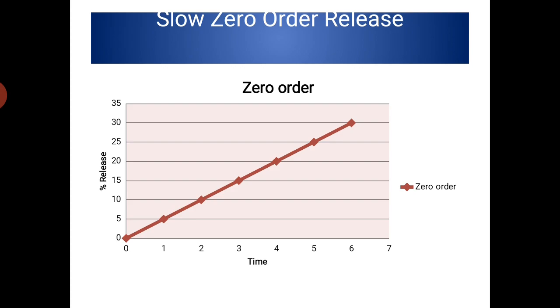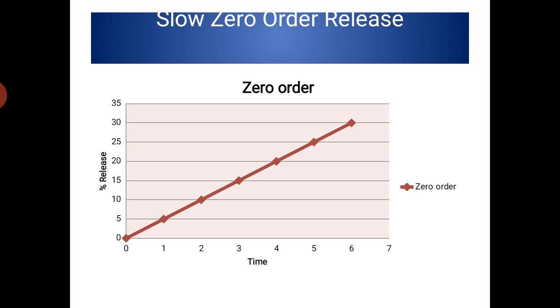So our main objective from converting a conventional dosage form into a controlled or novel drug delivery was, in case of conventional dosage form, there were so many peaks. Initially it is going so high, then it's coming down, then it's going high, then it's coming down. So always in the graph there were fluctuations. So our purpose was to avoid these fluctuations and to maintain a steady state plasma drug concentration.